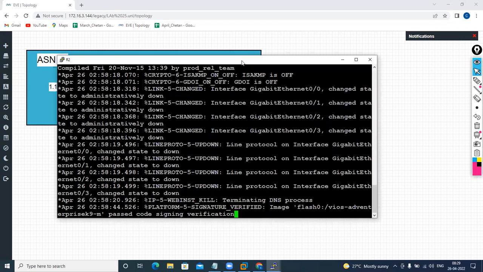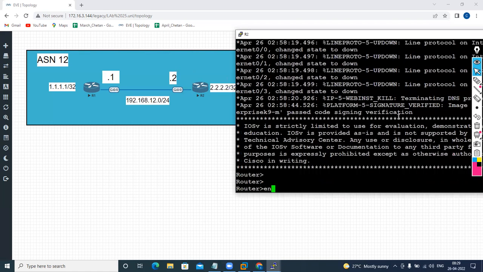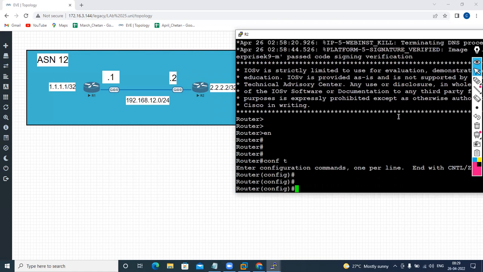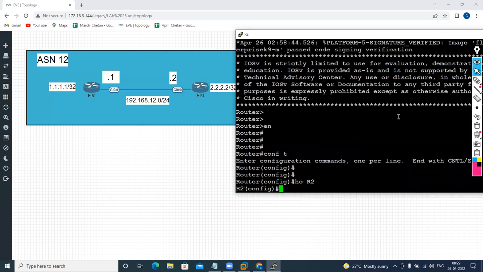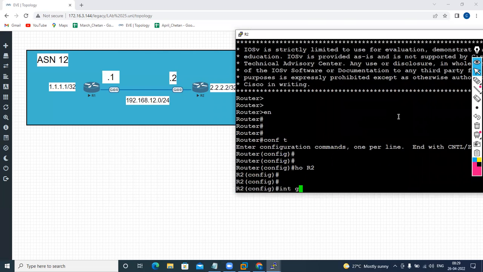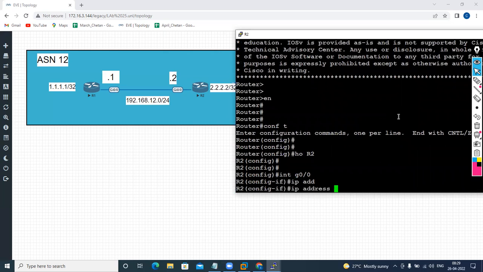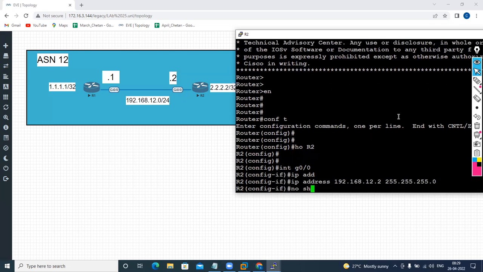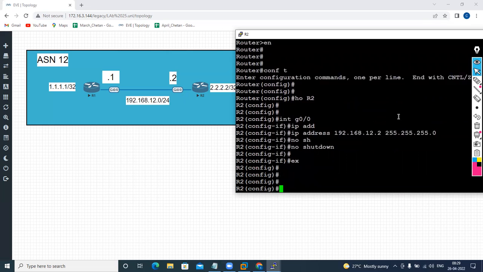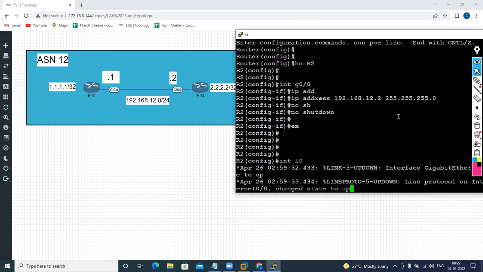So go to R2 and assign the IP address. Interface 0/0, IP address will be 192.168.12.2. Interface loopback 0.